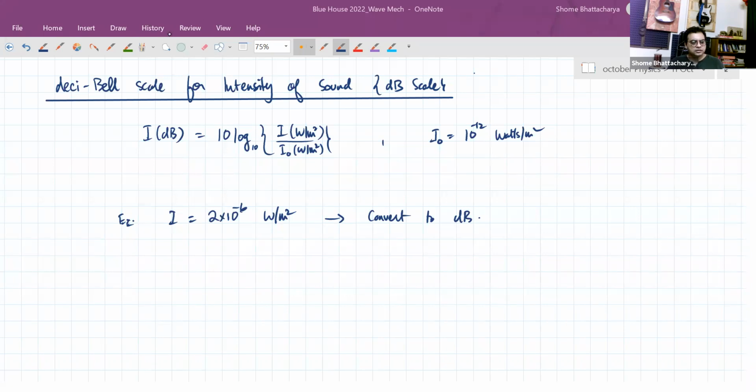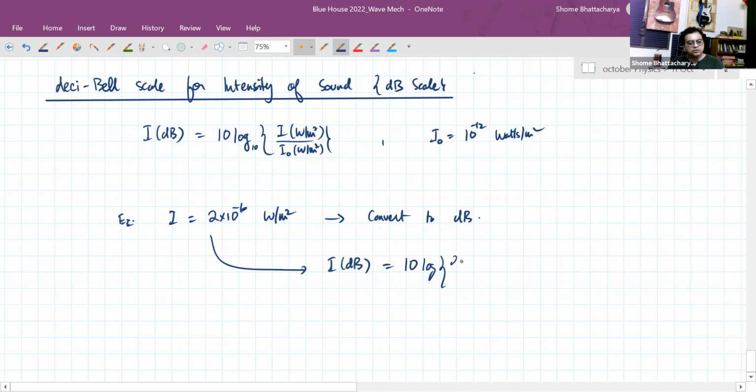Okay, then the value in decibels will become 10 log of 2 into 10 raised to the power minus 6 divided by the threshold, 1 into 10 raised to the power minus 12. 10 log 2 into 10 raised to the power 6 you can write as this.